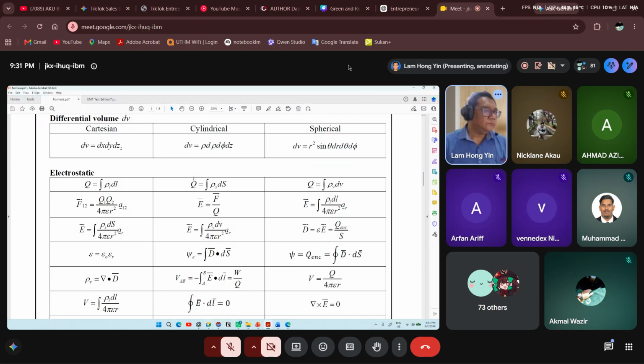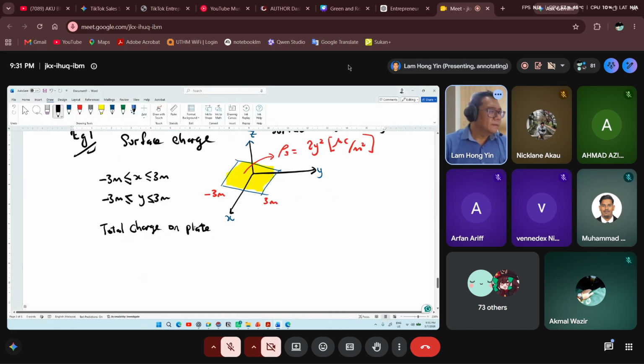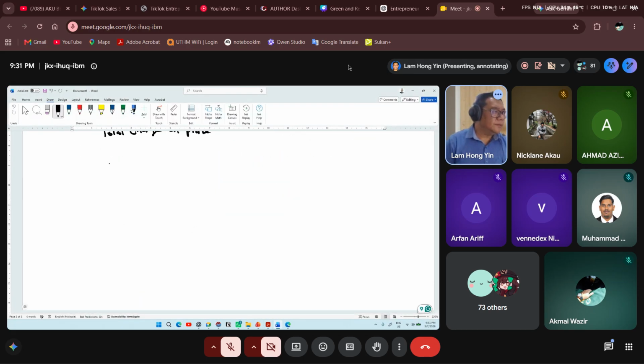Now Q equals rho s ds. So I can start with this one: Q equals the integration of rho s ds.